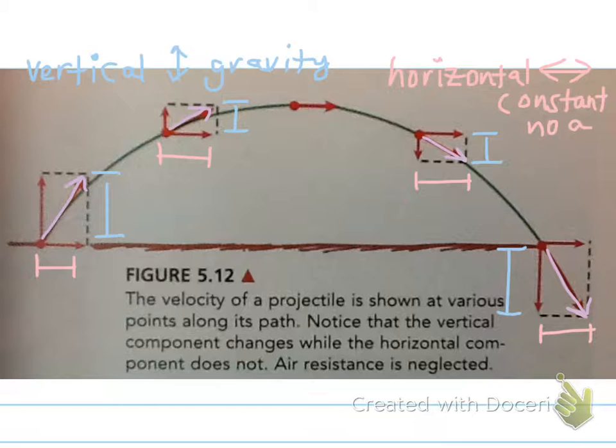So what we're talking about, okay, is right here. Notice there's no downward because momentarily it stopped moving up and down. It stopped moving up and down, but it is still moving because it has this horizontal component still.